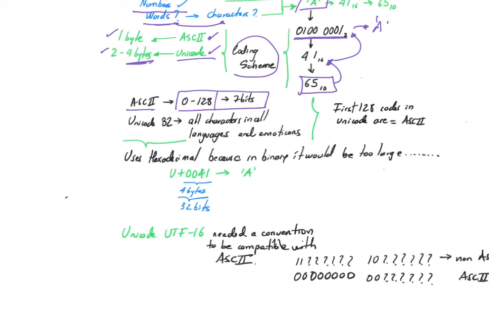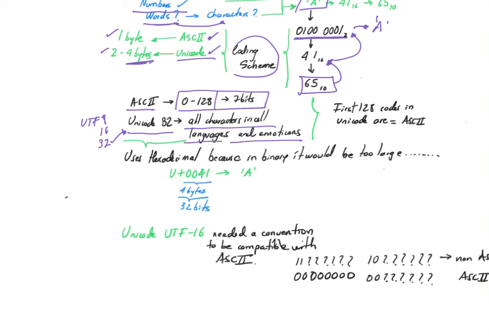And then they created the Unicode. Well, there was UTF-8 first, then they moved to 16, and then they went to 32. This is the one we're using right now. And with 32 bits, we can have all the characters in all the languages and all the emoticons that you can think of or that we use now.